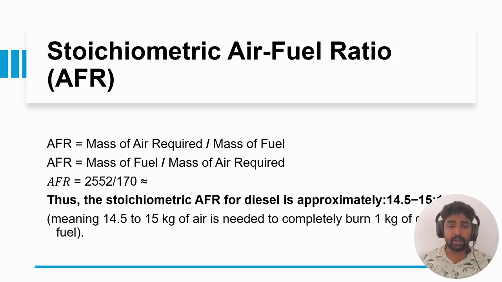It will give 14.5 to 1, which means 14.5 grams of air is required to burn 1 gram of fuel, or we can say 14.5 kg of air is needed to completely burn 1 kg of diesel fuel. So with this we are going to stop the stoichiometric air-fuel ratio topic.